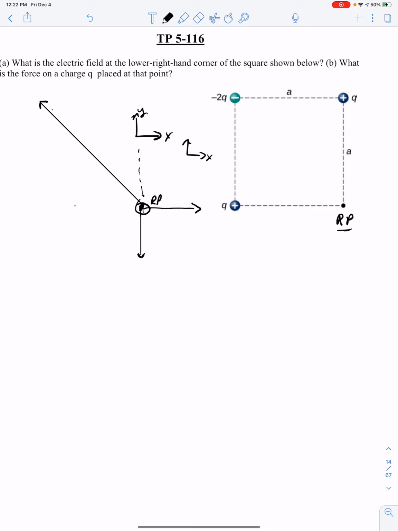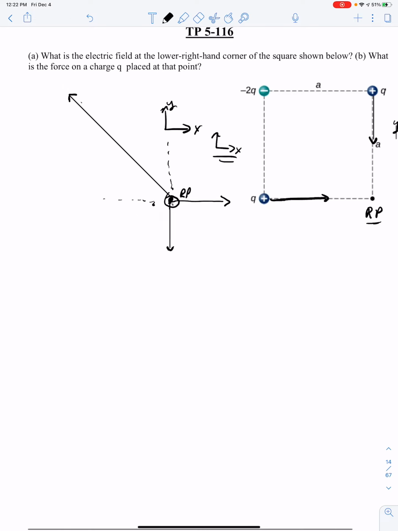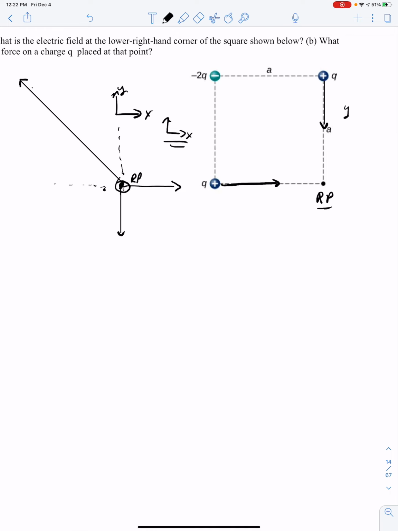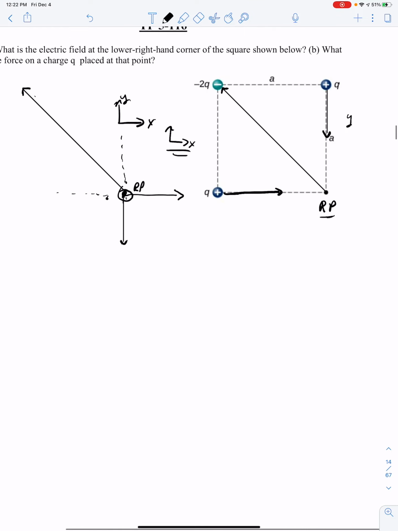Just as long as you know that this is going downwards with respect to the coordinate axis, so that means in the Y direction this is negative, this is going over here, this is going in the positive X direction, and this has an angle, and it is acting in both the X and the Y direction, then you should be fine.